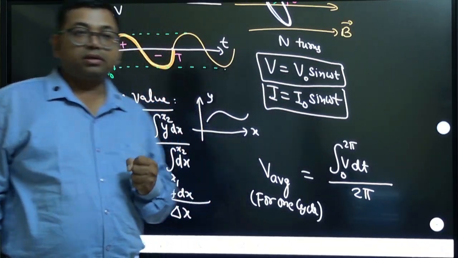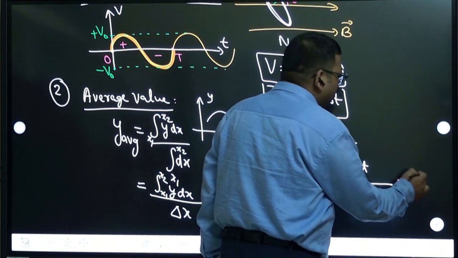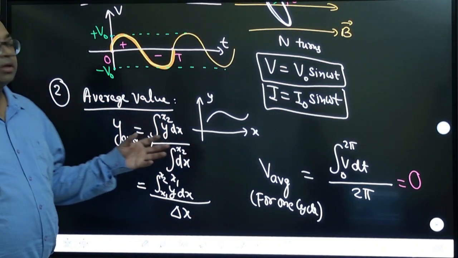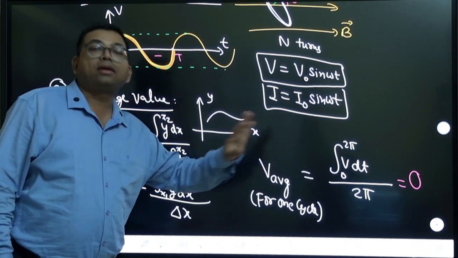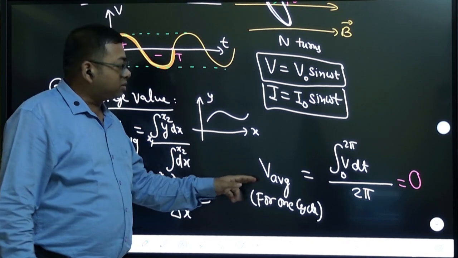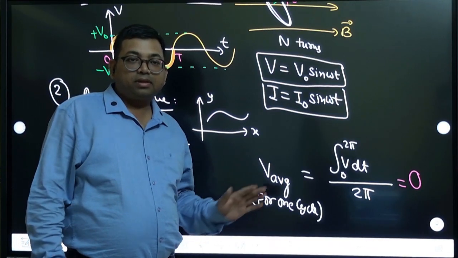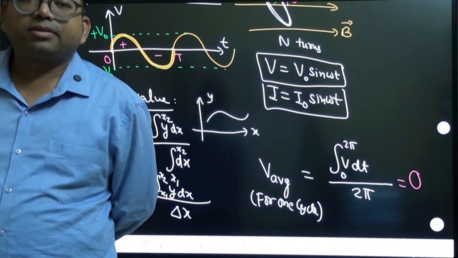So that is why this term is going to cancel out and it will become 0. Correct? Equal amounts of positive and negative area will cancel out. You do not have to do any integration. This result is a very standard result. Everybody can know that. Clear?